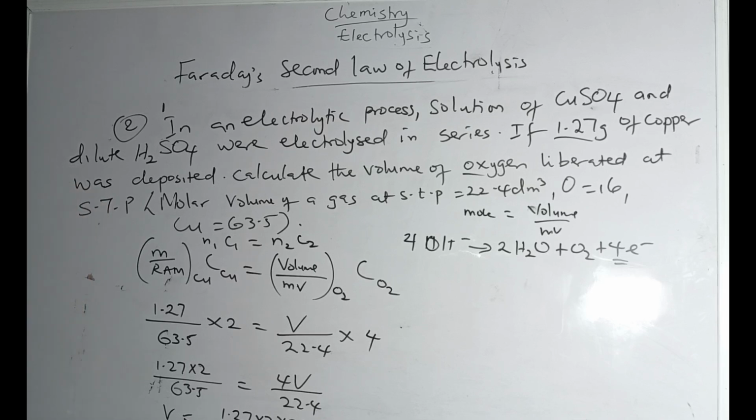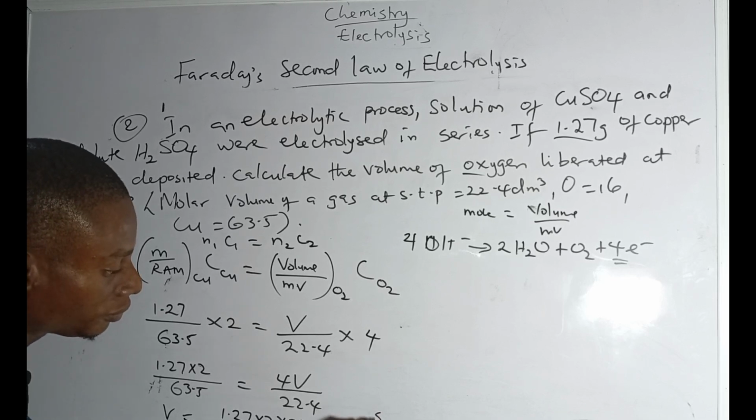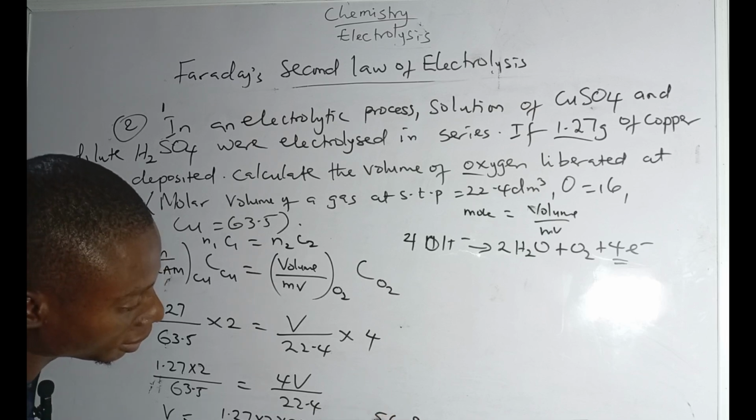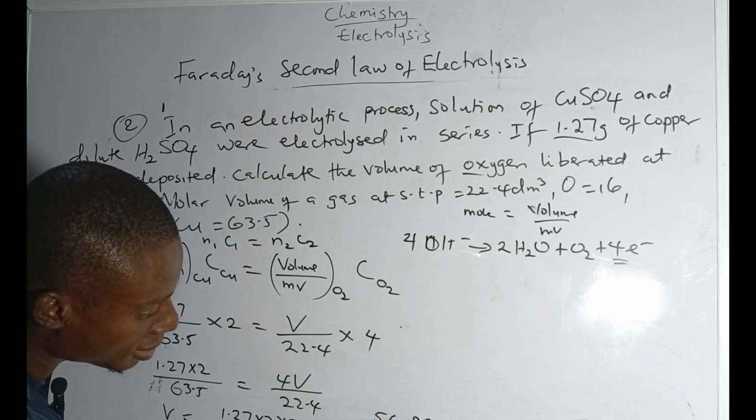So let's press the calculator and get the value out. 1.27 times 2 times 22.4 should be 56.896.